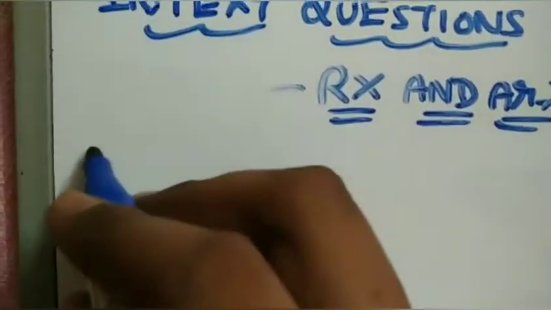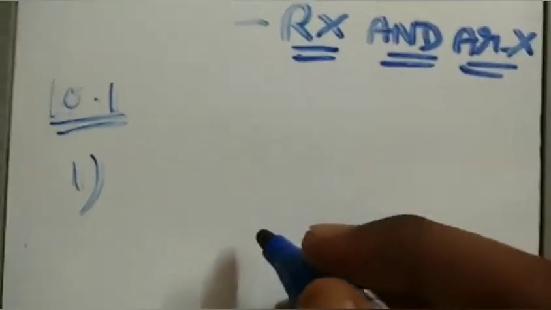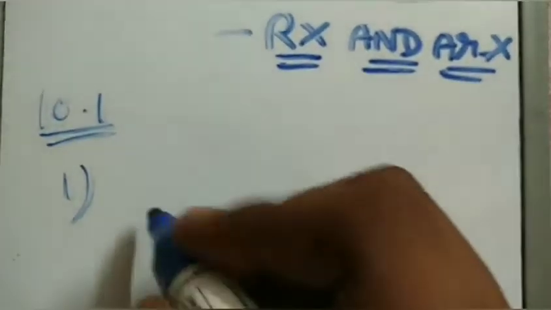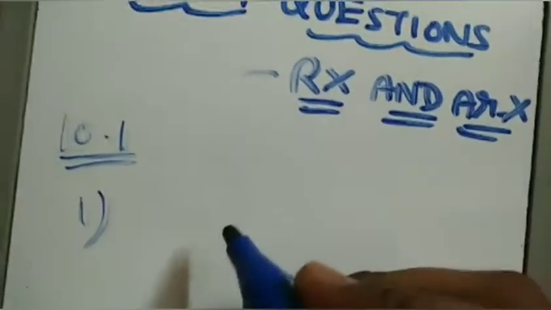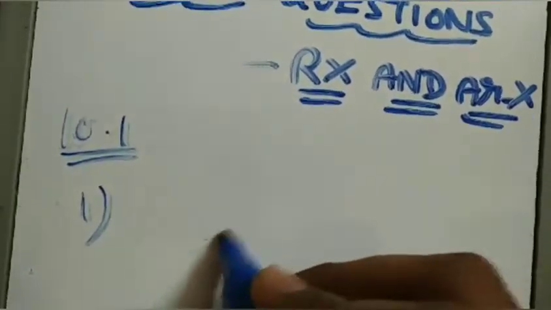First question, 10.1. I'll put the question on the screen, else you can refer to the NCERT. 2-chloro-3-methylpentane. Pentane is the main parent chain, so just draw the bond line formula, that will be easier.